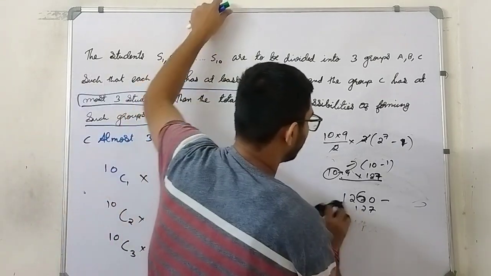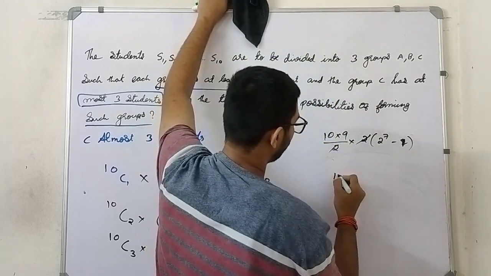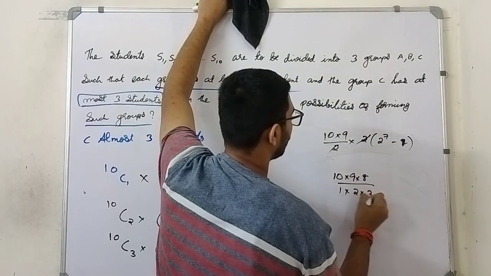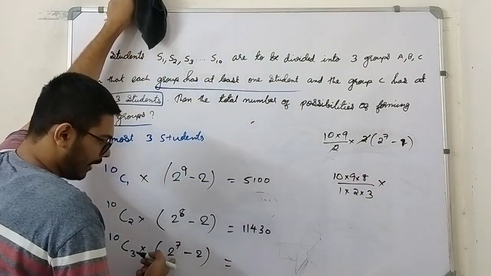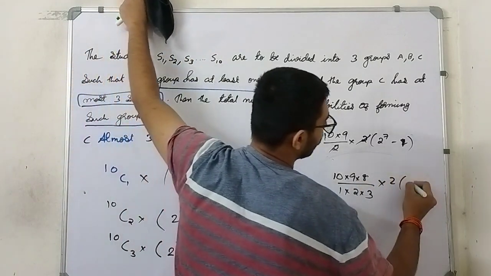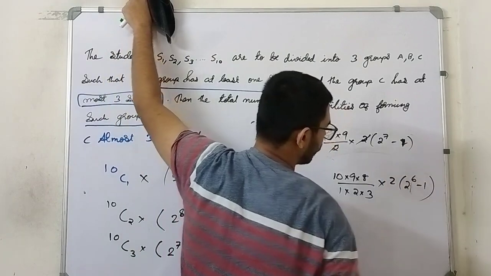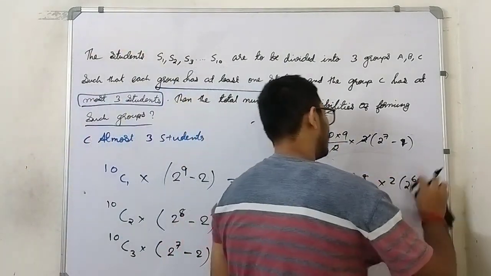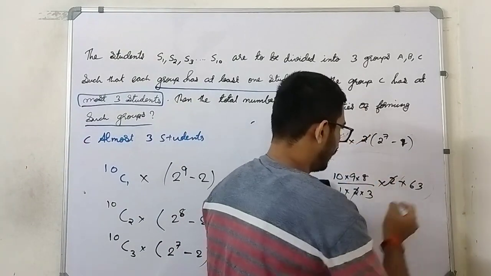It is 10C3. 10C3 means 10 into 9 into 8 divided by 1 into 2 into 3, into 2 raised to 7 minus 1. So I am taking 2 outside. It will be 2 into 2 raised to 6 minus 1. So 2 raised to 6 is 64. 64 minus 1 is 63. This value is 63. I am cancelling 2 and 2, and 3 and 3.